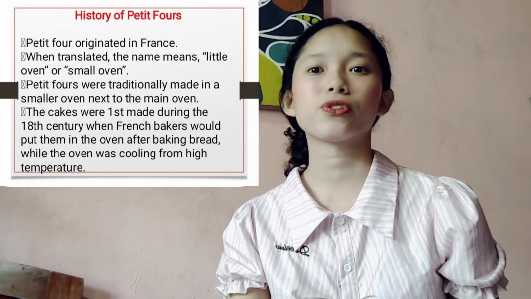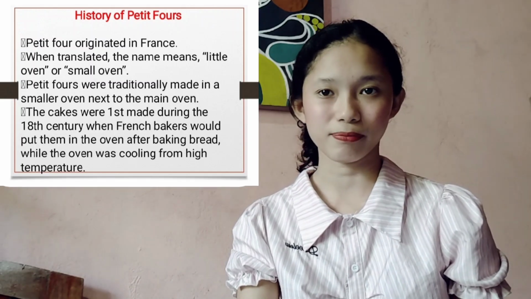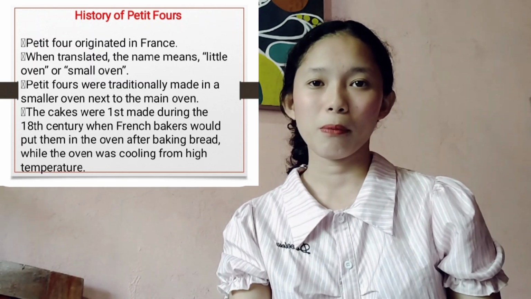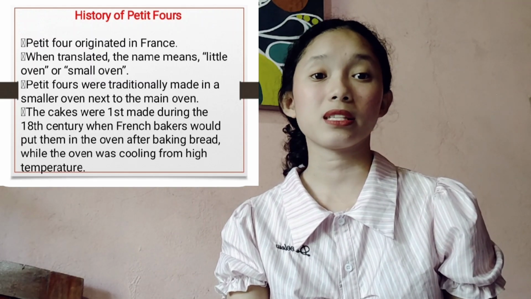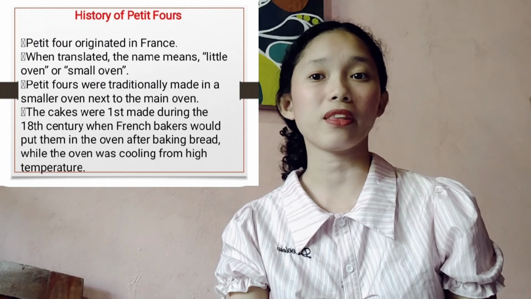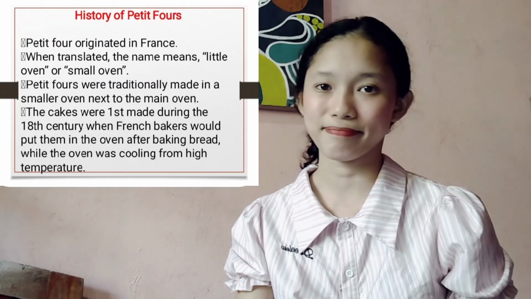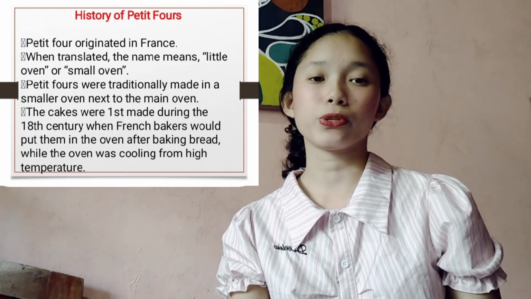Petit were traditionally made in a smaller oven next to the main oven. Back in the 18th century, French bakers would put them in the oven after baking bread, while they were waiting for the high temperature to cool.